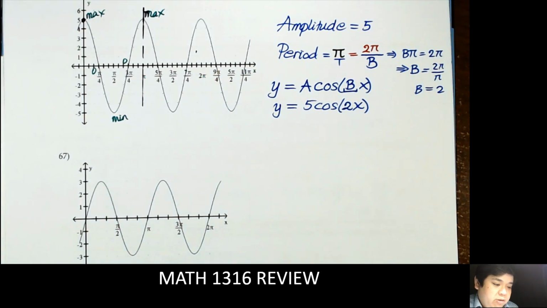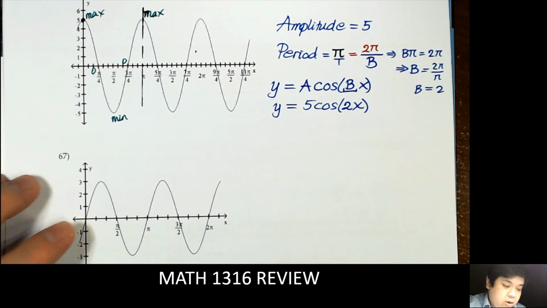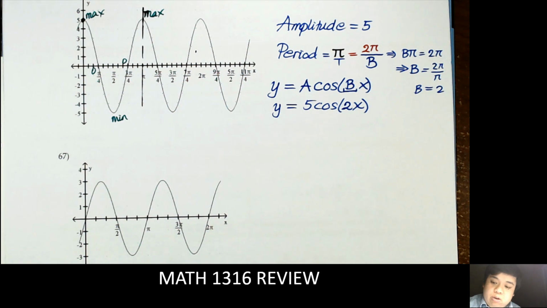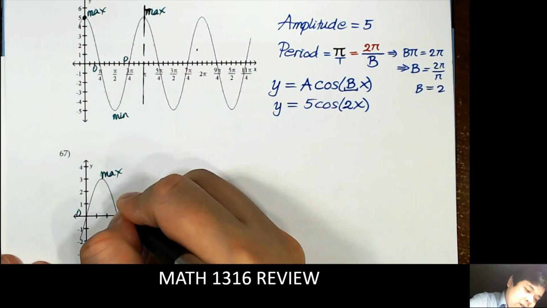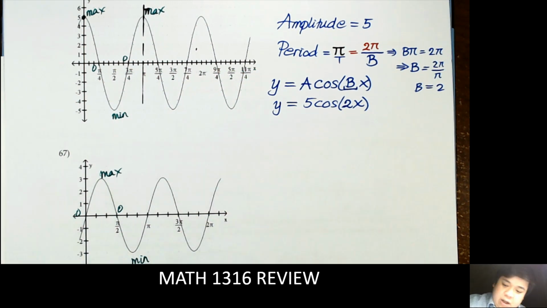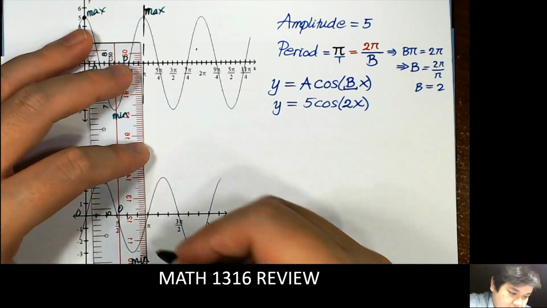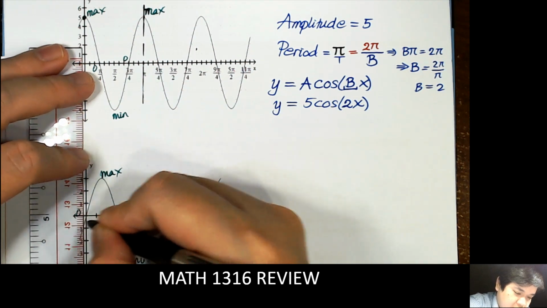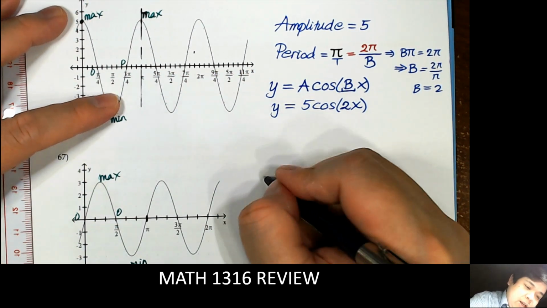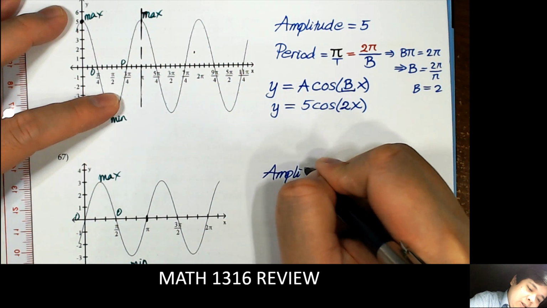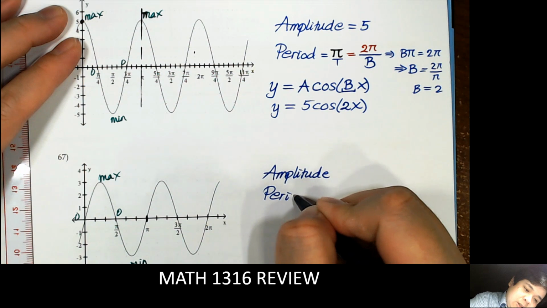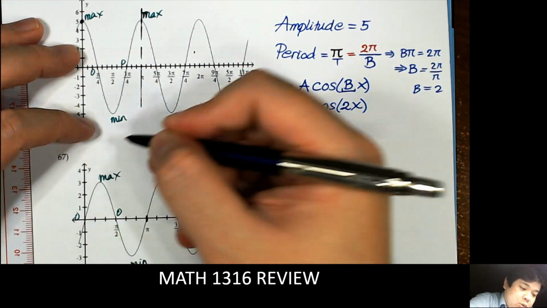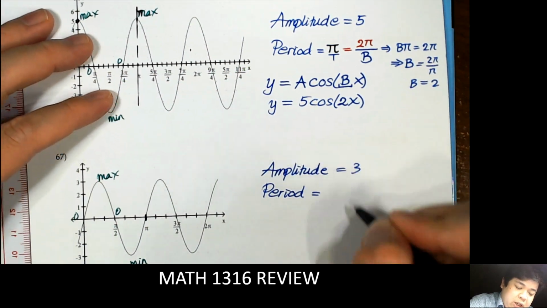The next one will be very similar. It looks like we start from 0, so the pattern that starts from 0 looks like 0, max, 0, min, and 1 period is pi. Amplitude: 3 up, 3 down, so that is 3.